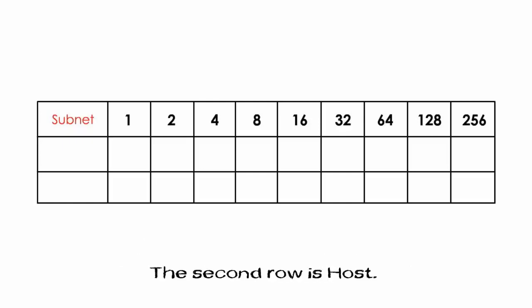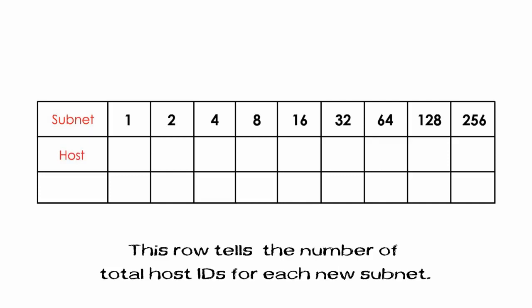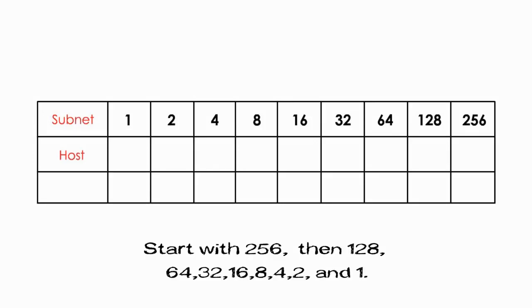Okay? The second row is a host. This row tells the number of total host IDs for each new subnet. Start with 256, then 128, 64, 32, 16, 8, 4, 2, and 1.